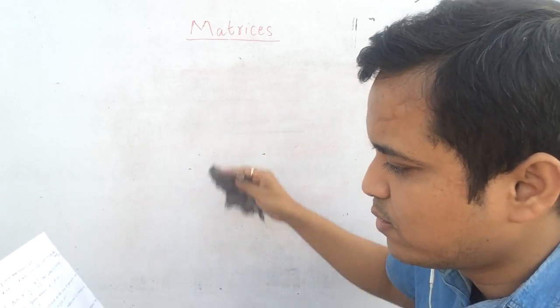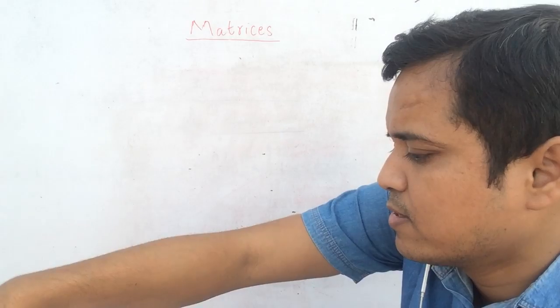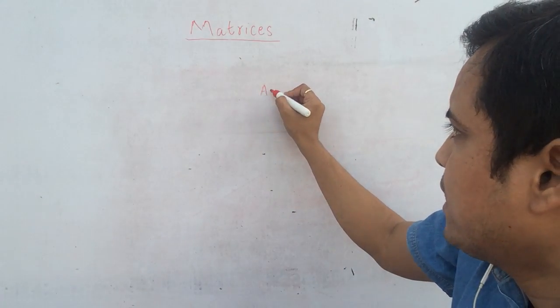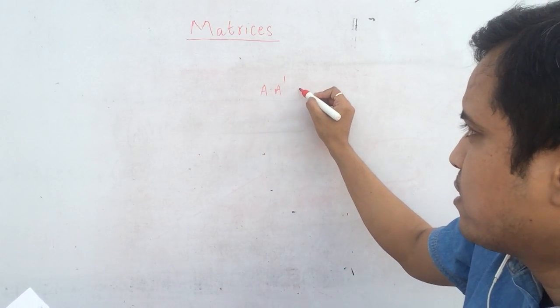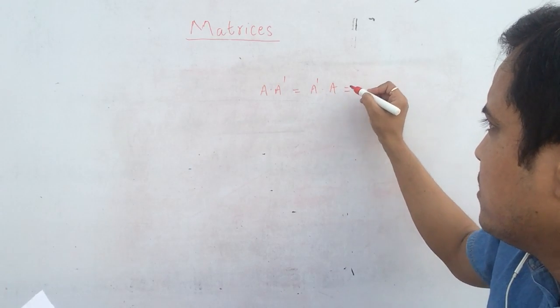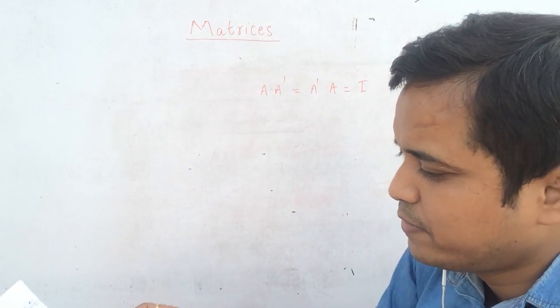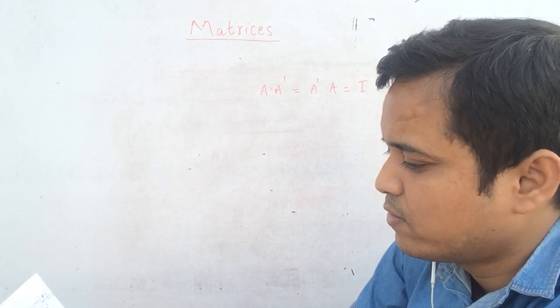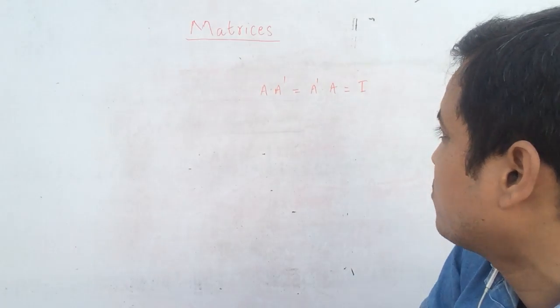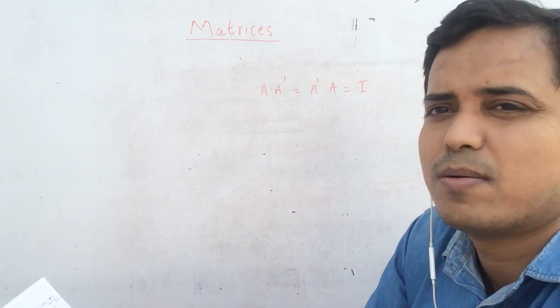Orthogonal matrix. An orthogonal matrix is a square matrix whose product with its transpose is the identity matrix. A dot A transpose or A transpose dot A equal to identity matrix. Okay. So if you get this kind of representation or this kind of matrix, you would say that this is an orthogonal matrix.